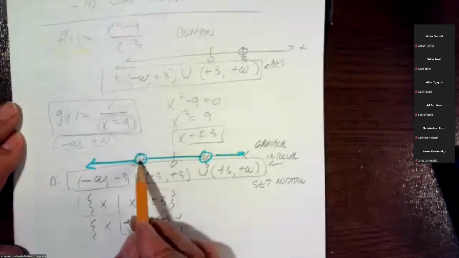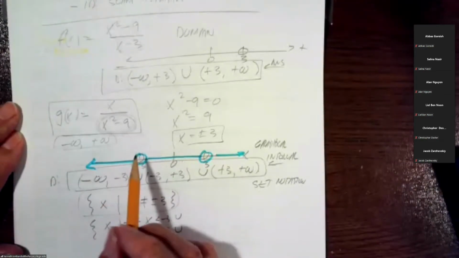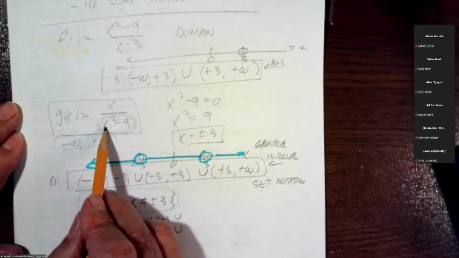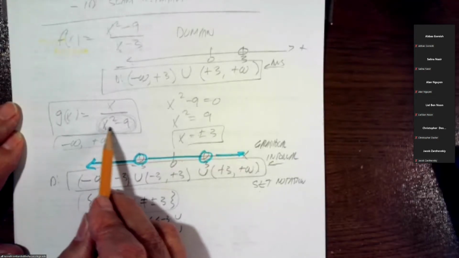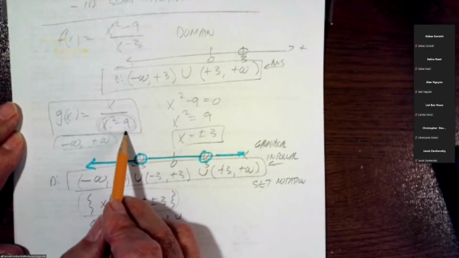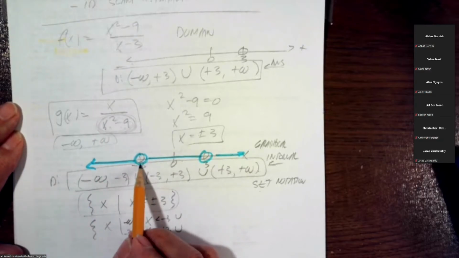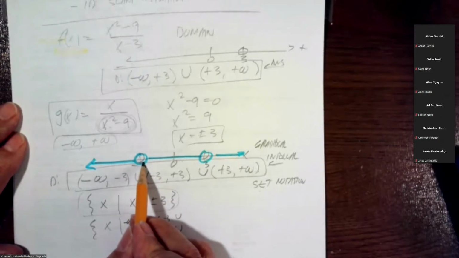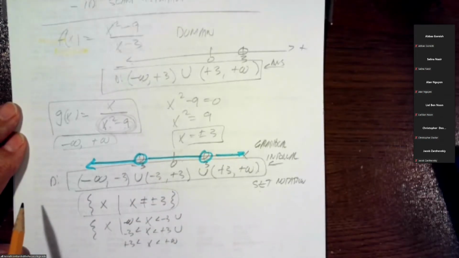So we're not allowed to use x equals negative 3, because if x is negative 3, negative 3 squared is positive 9, and positive 9 minus 9 equals 0. We're not allowed to divide by 0. So therefore, we're not allowed to have x be negative 3.